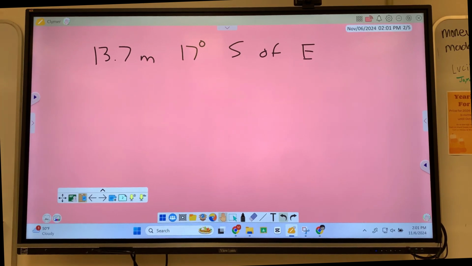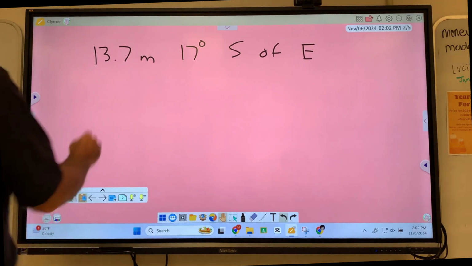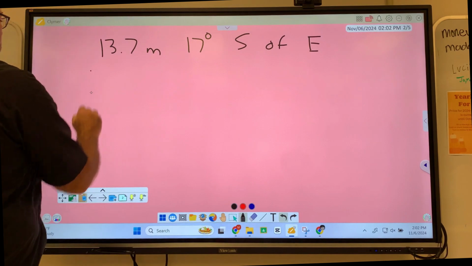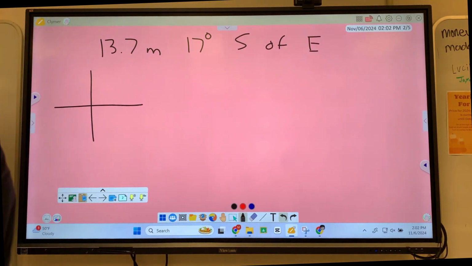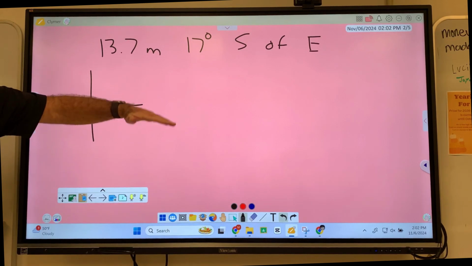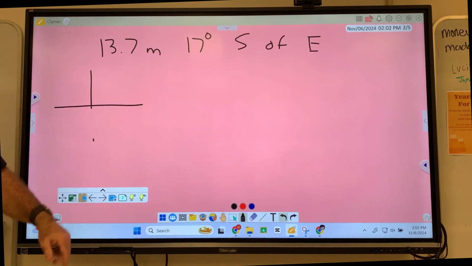All right, so let's see if we can make some sense of this. I'm going in some direction southeast this time, so that's a little different. But again, I'm going to pull this angle, this 17 degrees, south of the east line, right? So it's going to be slanted this way.